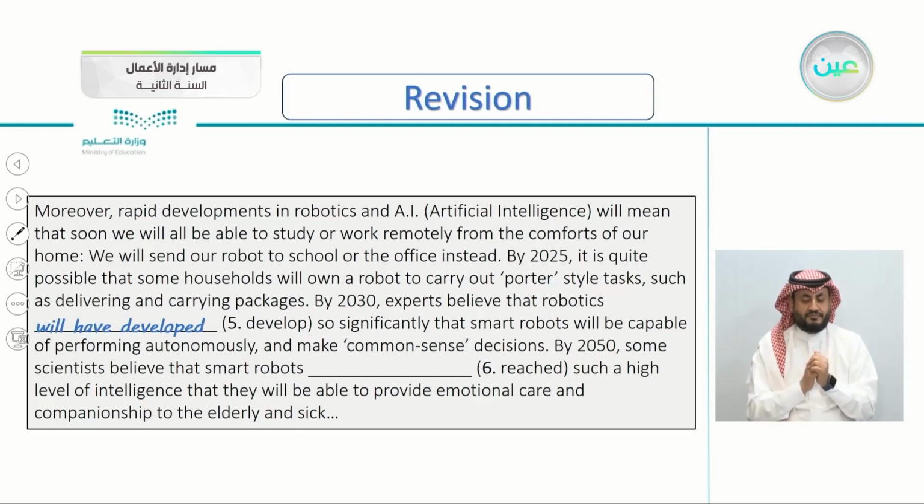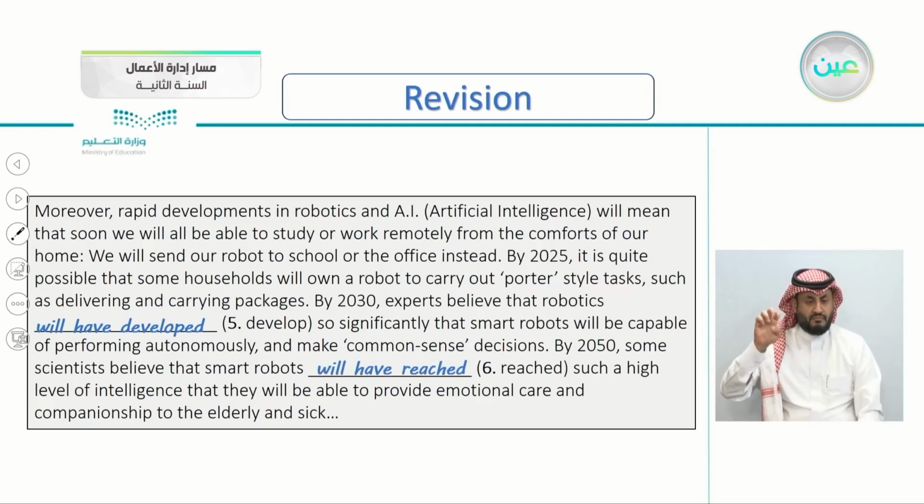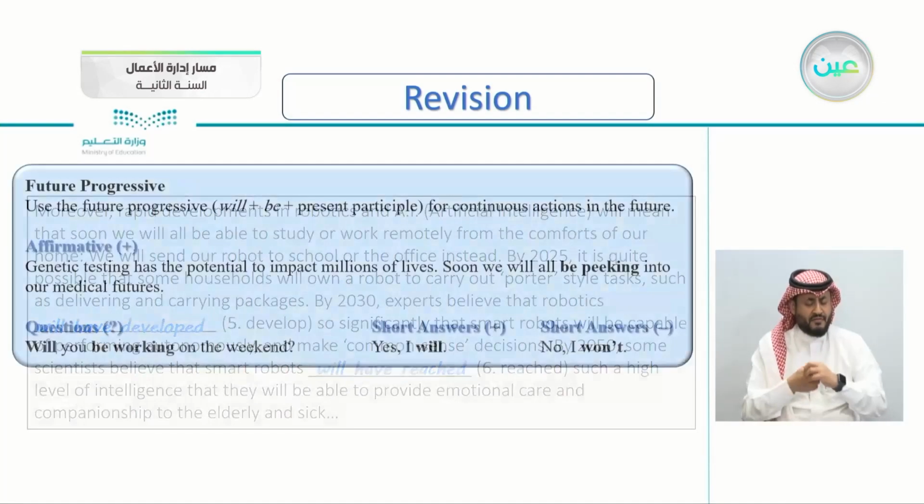By 2050, some scientists believe that smart robots, and the verb reach, beginning the sentence with by 2050. So we have two events. Of course, the answer: will have reached, will have and the perfect. Will have reached such a high level of intelligence that they will be able to provide emotional care and companionship to the elderly and sick.